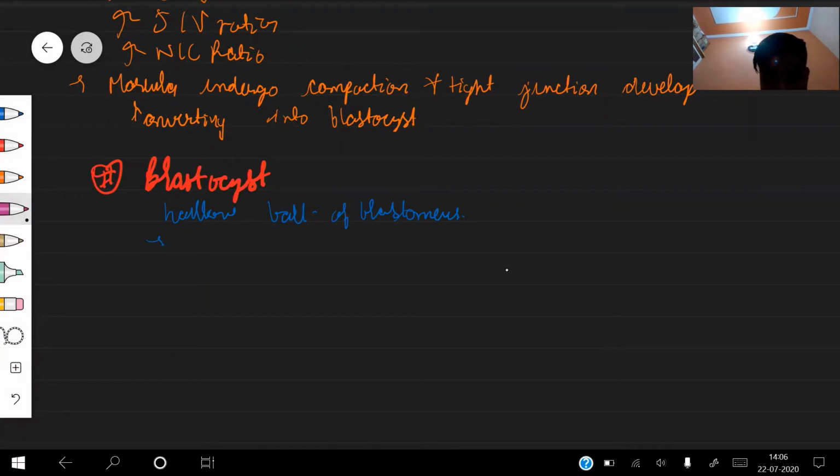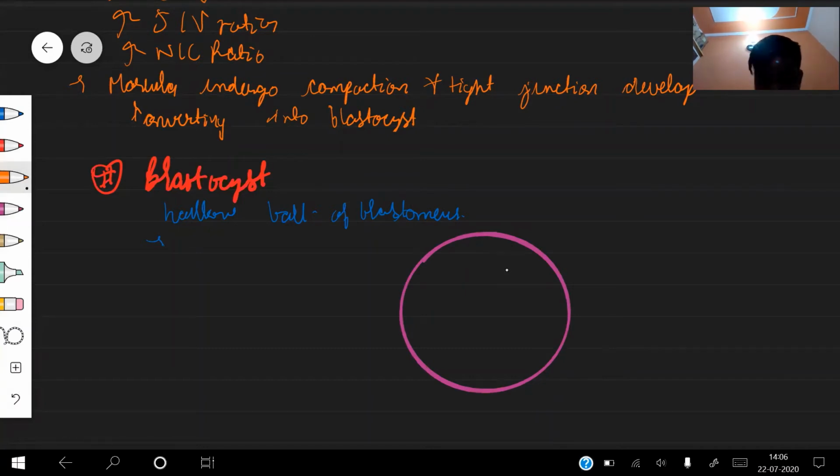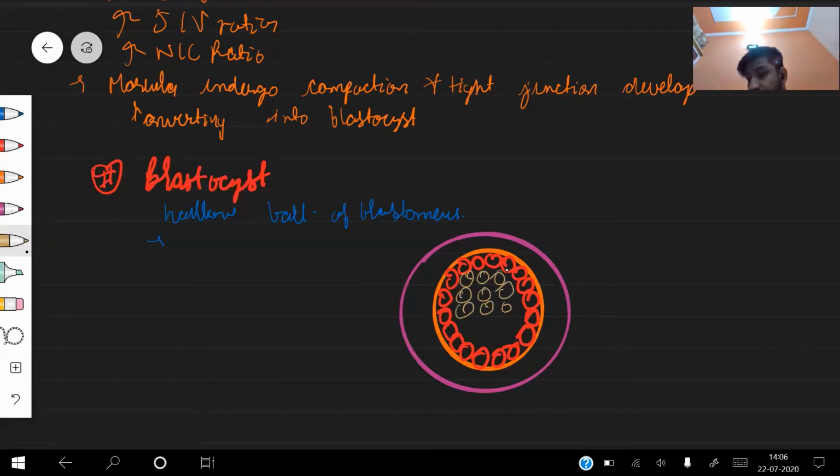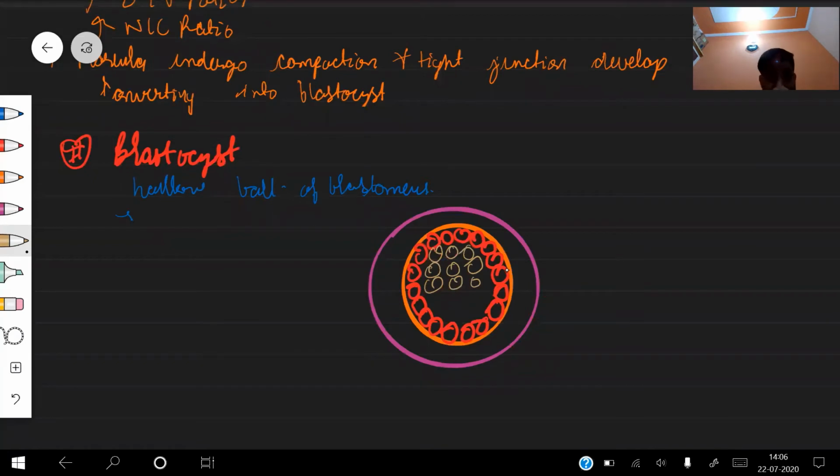Structure of the blastocyst: zona pellucida, the outer layer, and the cell membrane, the inner layer. These are the trophoblastic cells. After compaction, it is converted into the trophoblast and the inner cell mass. The trophoblastic layer forms the extra embryonic membrane.